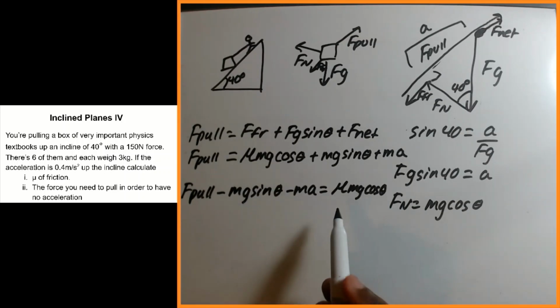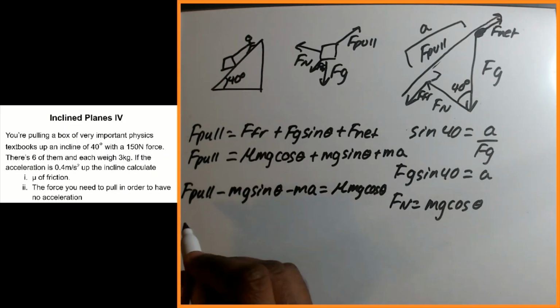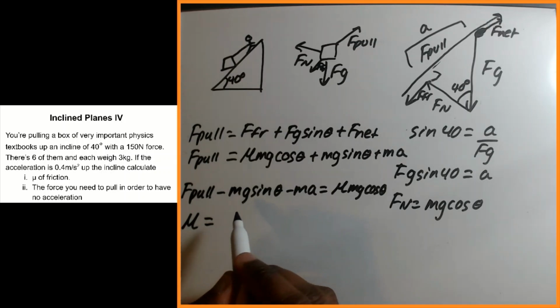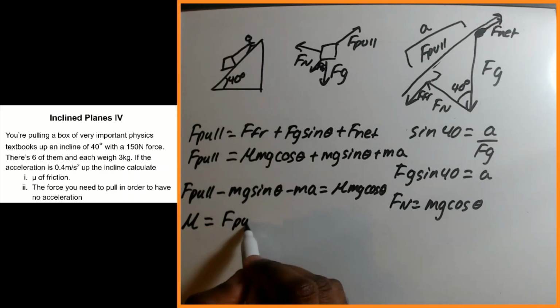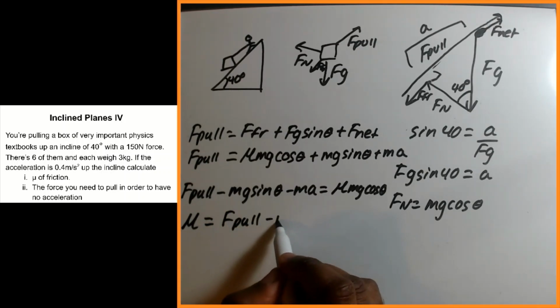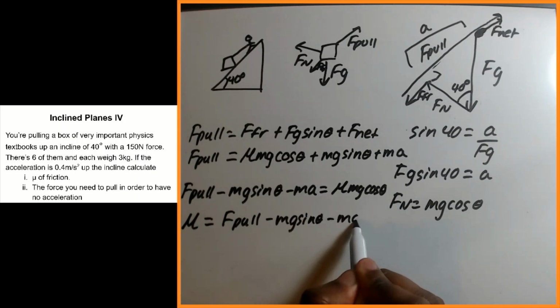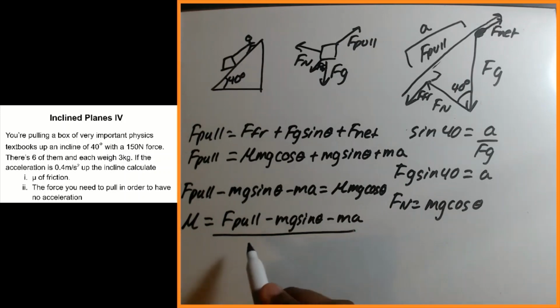So then we can just isolate for mu. So if I can rewrite this, mu is going to be equal to F pull minus mg sine theta minus ma, all over mg cos theta.